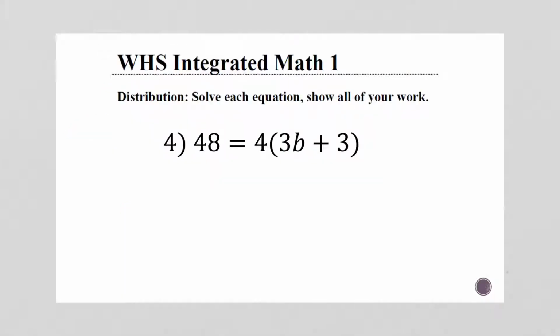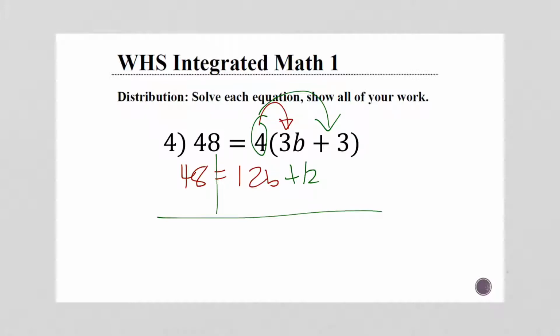This question looks similar to that of number 3. You're going to rewrite the first term, and here 4 times 3b is 12b, and 4 again times 3 is 12. I need to solve for b by getting rid of this 12 because it's on the same side as the b.